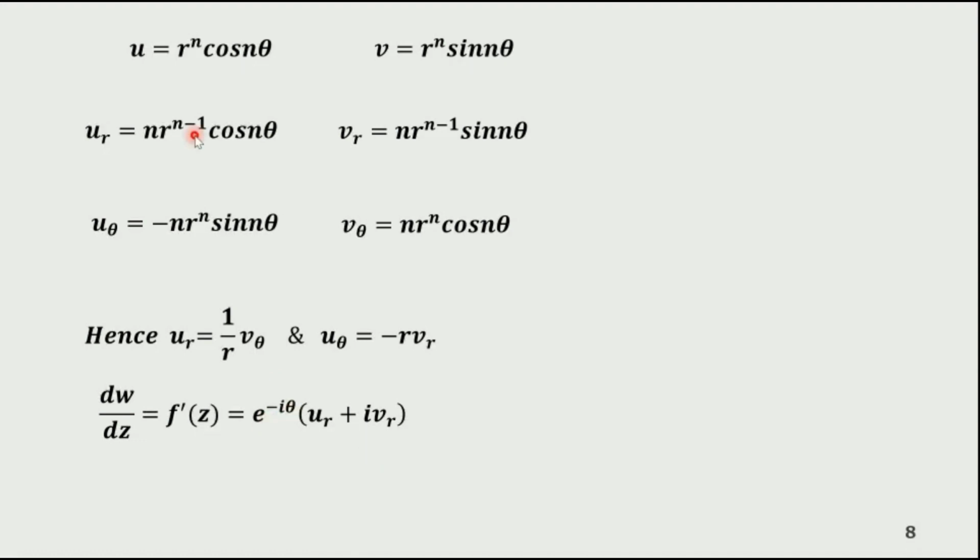Now we have to substitute. For UR substitute N R raised to N minus 1 cos N theta and for VR substitute N R raised to N minus 1 sin N theta. Substituting for UR and VR.